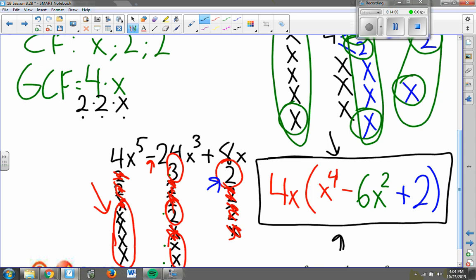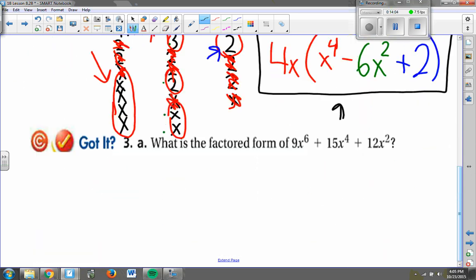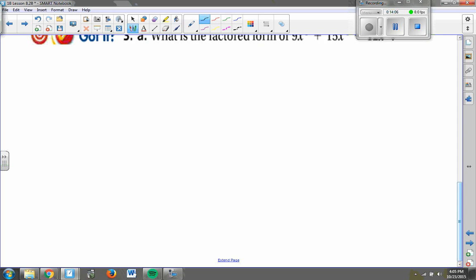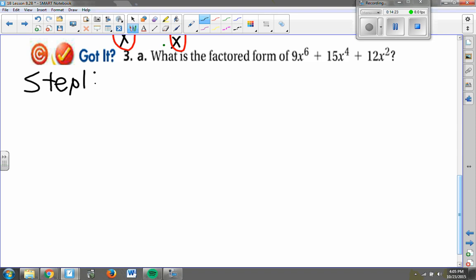Okay? Once you've done that check, I want you to see how good you are at writing the factored form of a polynomial. So I'd like you to do it for that equation there. What is the factored form of 9x to the 6th plus 15x to the 4th plus 12x squared? Again, step 1, find the GCF by writing out all the factors of all the pieces.